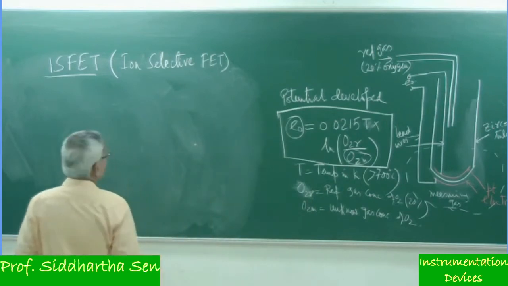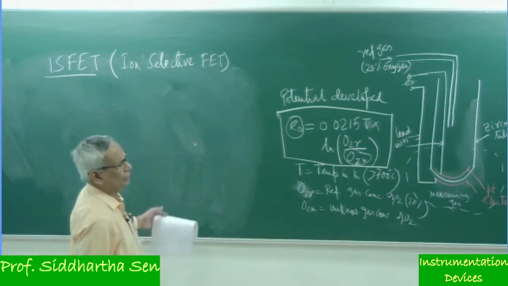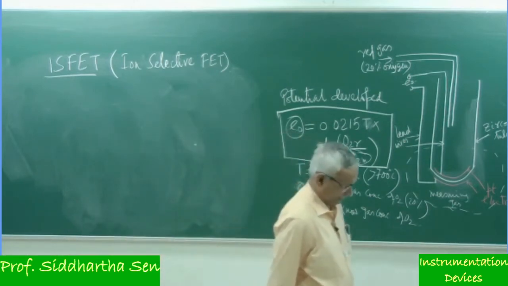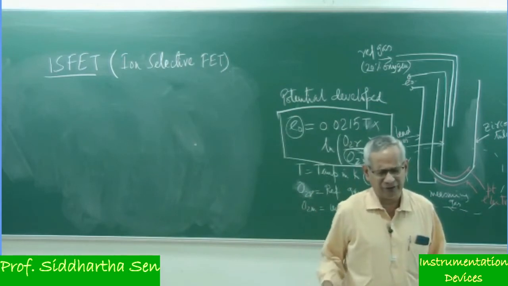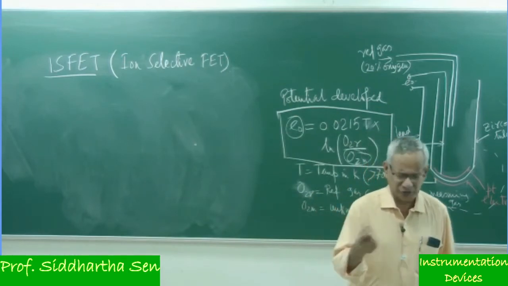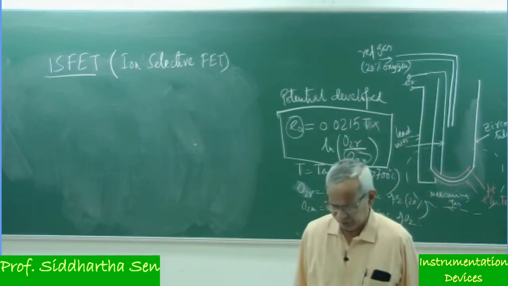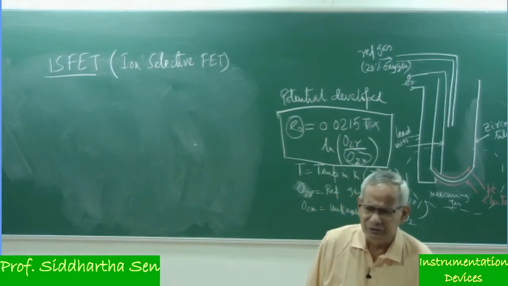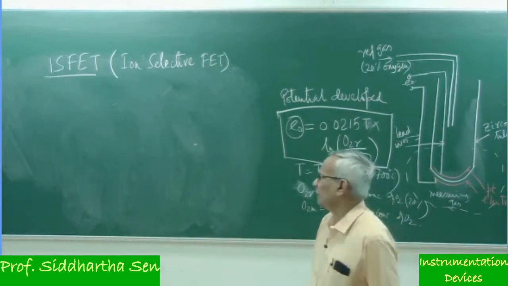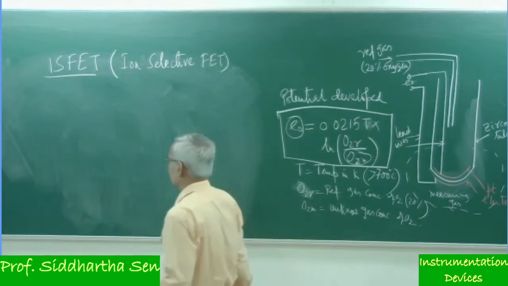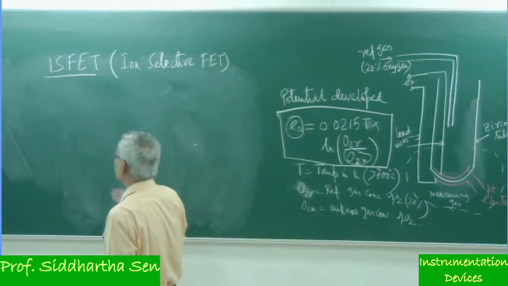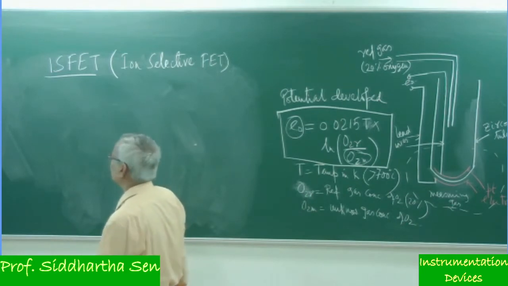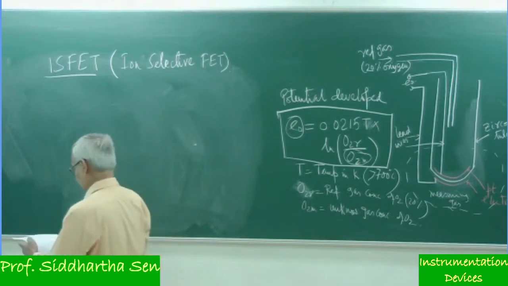This ISFET is not only for hydrogen. Depending upon the reagent we use and your requirement, we can have different chemicals and make different types of ion selective FETs, but it is a general category of another type of sensors. Its advantages are very small size, use and throw type, and direct electrical output which is measurable and does not need to be amplified.